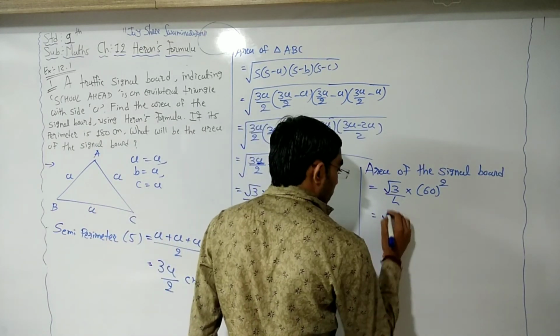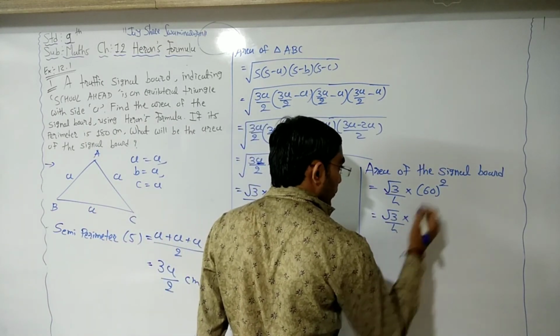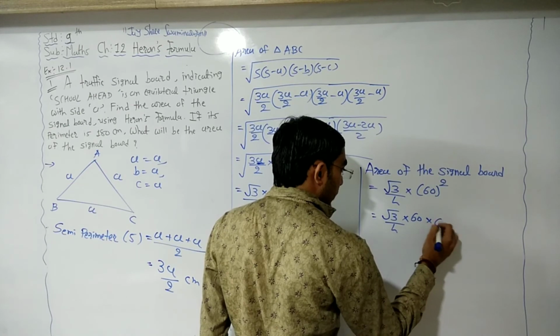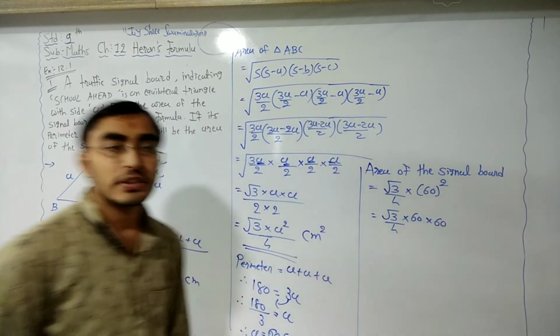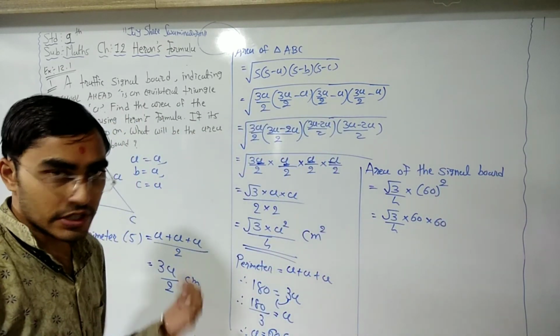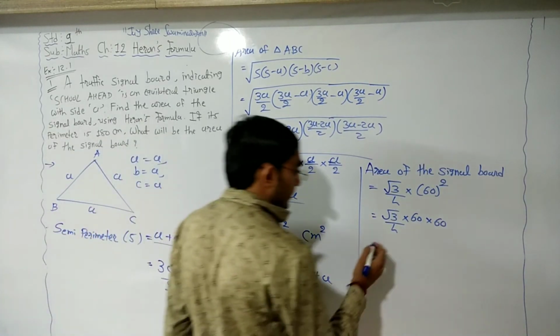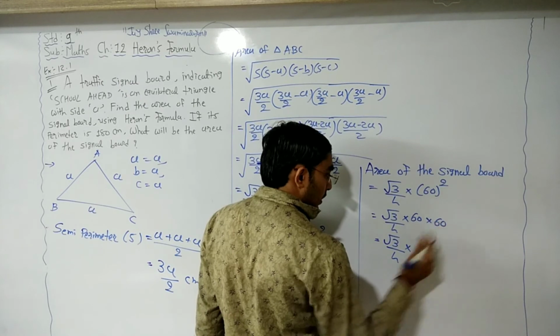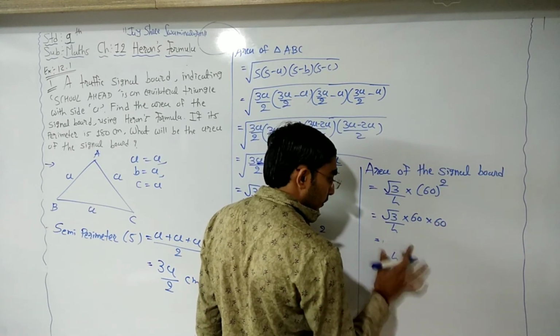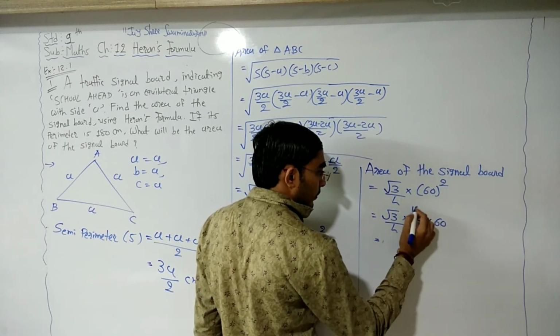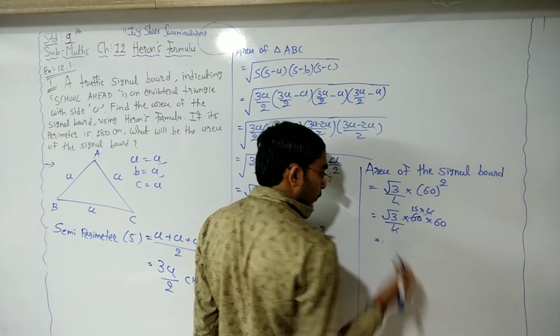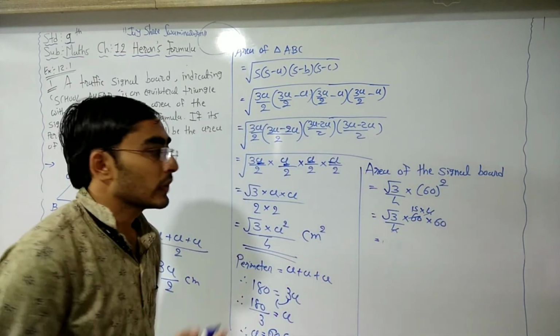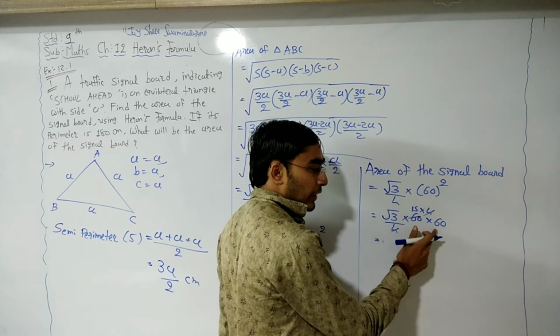Now under root 3 by 4, 60 square, that means 60 multiply 60. So under root 3 by 4. Now here we can simplify this, right? 60, that means 15 fours are 60, and 4 cut. Now 15 multiply 60.